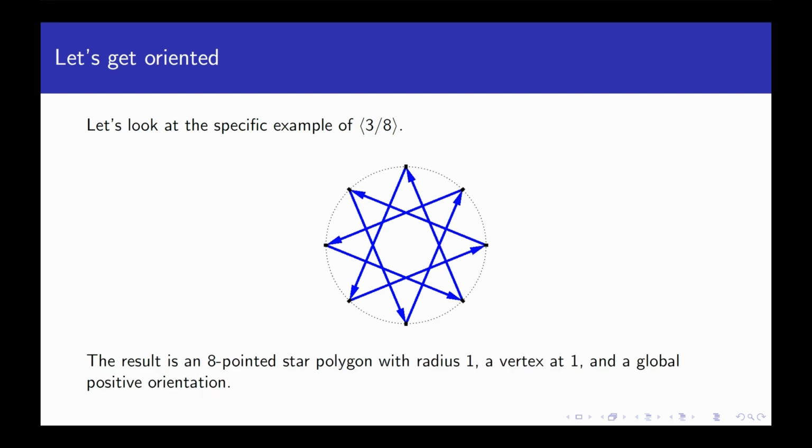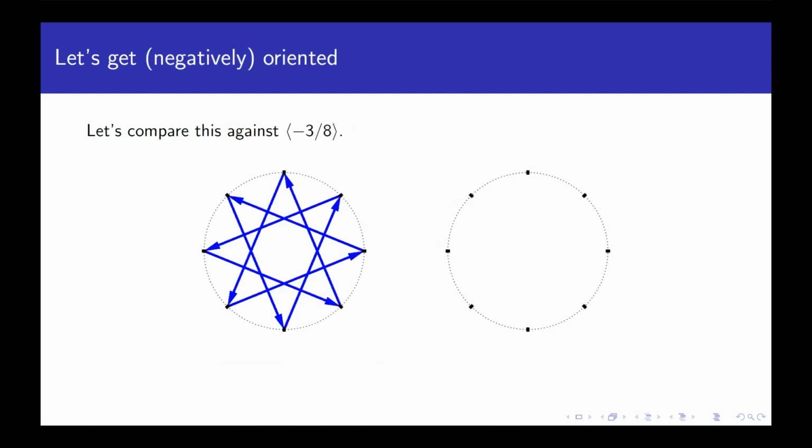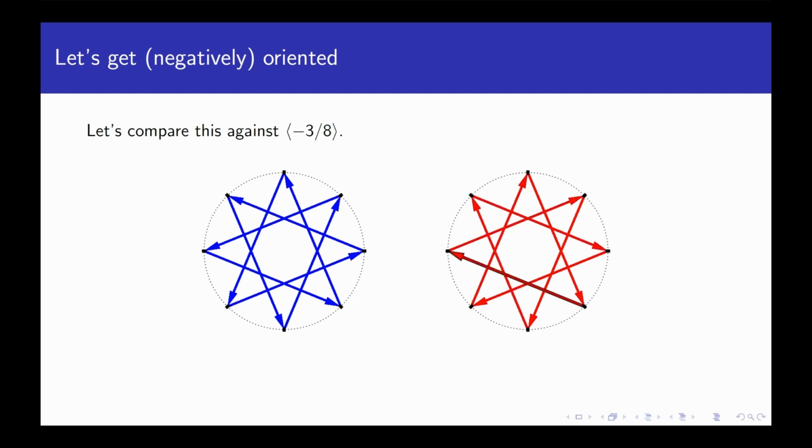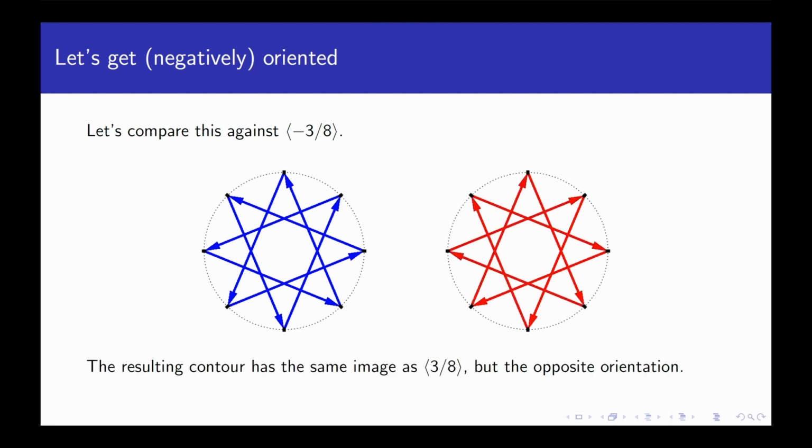Its image is a star polygon, and it has this global orientation, in this case, this global positive orientation. On the flip side, the negative 3/8 star, I would start off by taking the line segment that goes from 1 to the negative 3rd eighth root of unity, and then rotate that 45 degrees 8 times. The end result is going to be the exact same image, but the opposite global orientation.